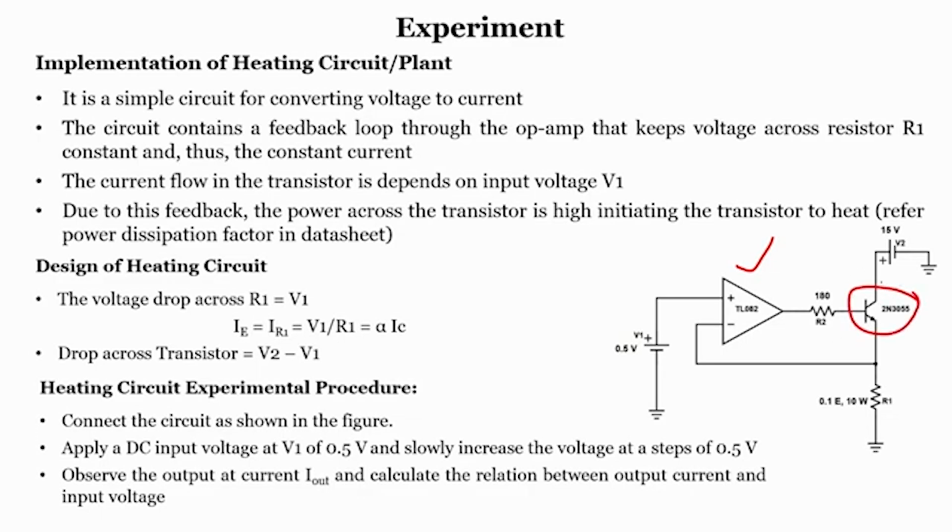This transistor will generate heat, and that is because of the op amp. How exactly? When we recall what we discussed in our previous module, where we used a voltage controlled current source, this is similar to that voltage controlled current source circuit itself.